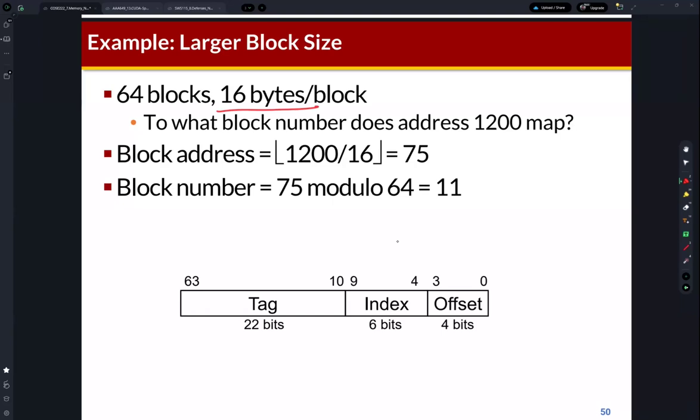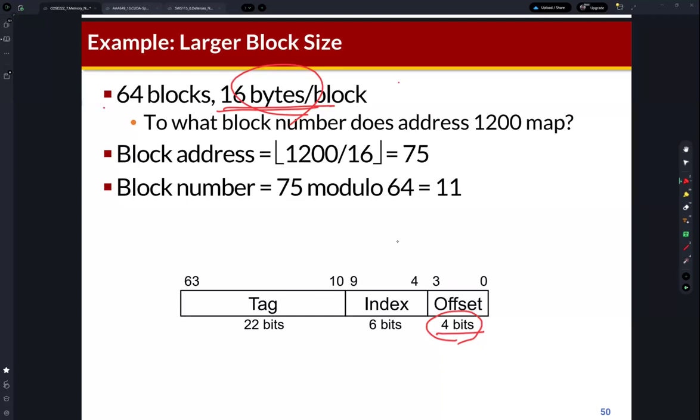Then we need to use the lower 4 bits as the byte offset because the block size is 16 bytes.